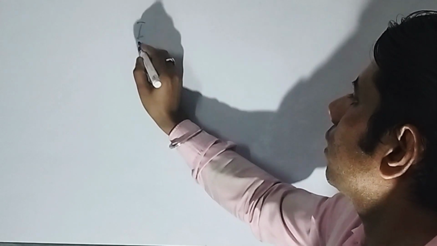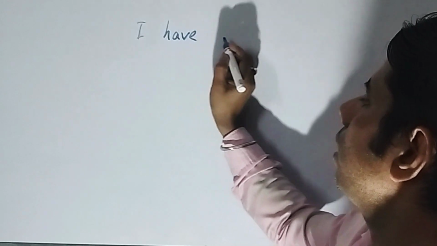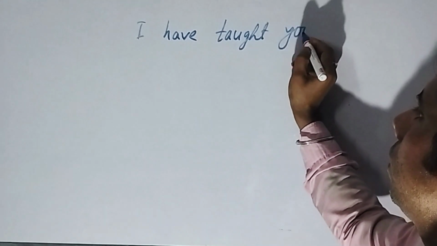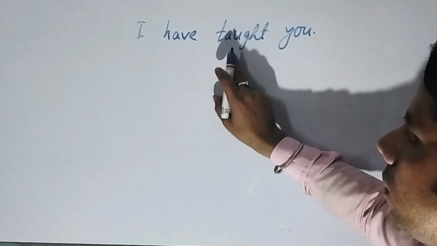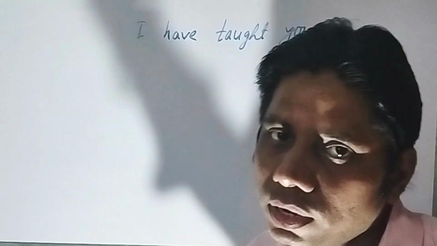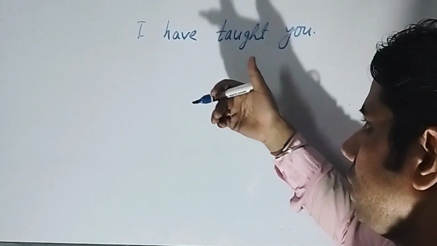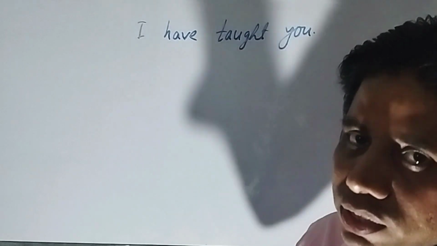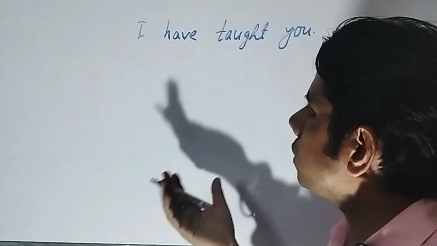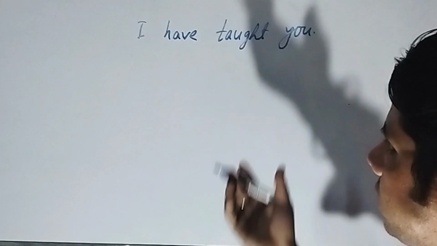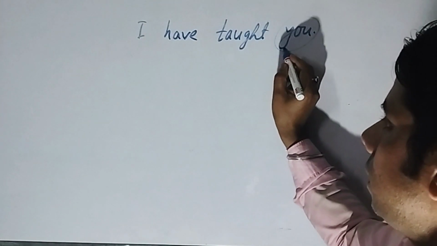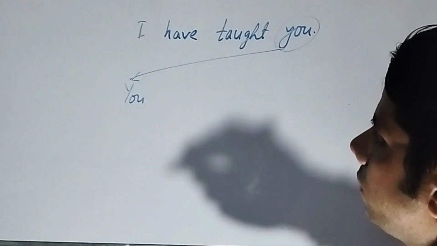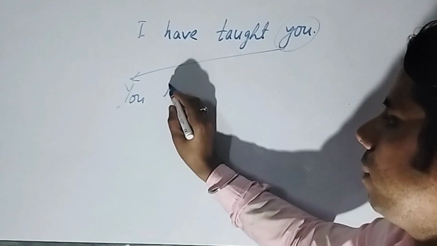I have taught you. Okay, we know very well that when we are using has or have, the verb is already changed into V3. On the time it is not required to change that verb. So what is the most important thing when making this type of sentence? At first you have to use the object at the subject place, you, and after that we should use have.